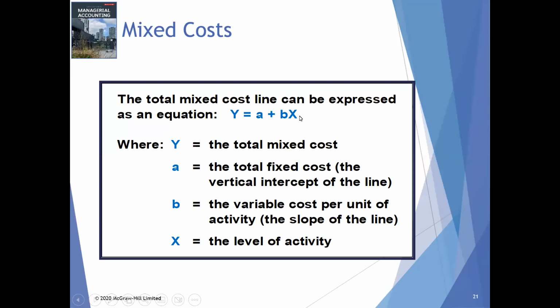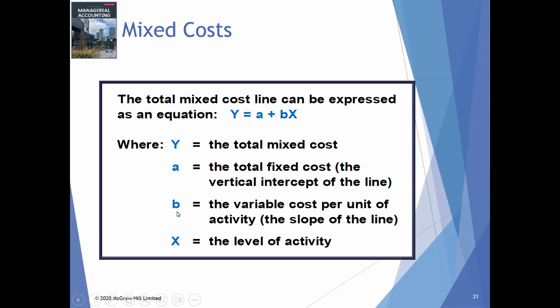X will be the number of units, number of activities, number of hours, right? So y is the total mixed cost. A means f, the total fixed cost.